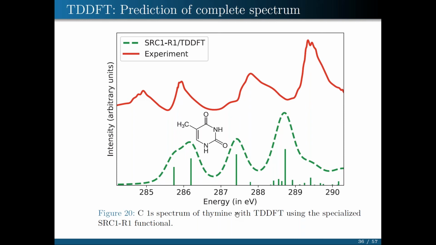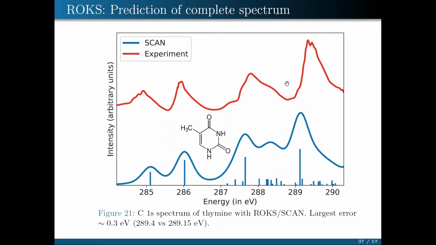We see that it gets something semi-reasonable for thymine, but the quality of the spectrum is not that great in comparison to experiments. If, on the other hand, we just look at the ROKS SCAN spectrum, we see a much better level of agreement. The largest error is for the highest energy peak, and that is of the order of 0.3 eV, which is not that much on the scale of the uncertainties associated with experimental energies themselves.